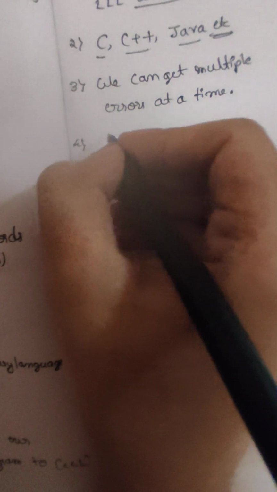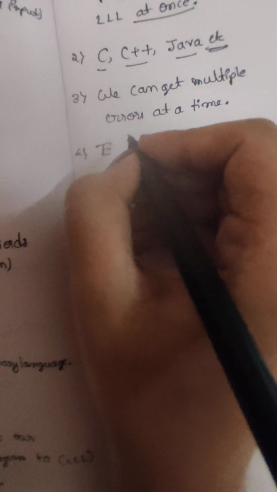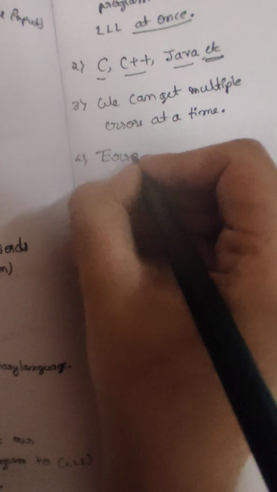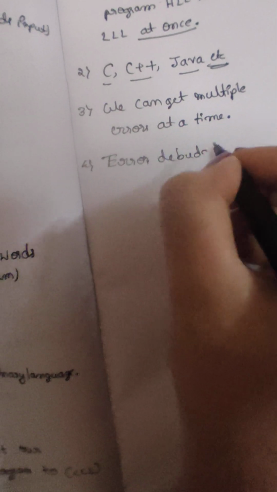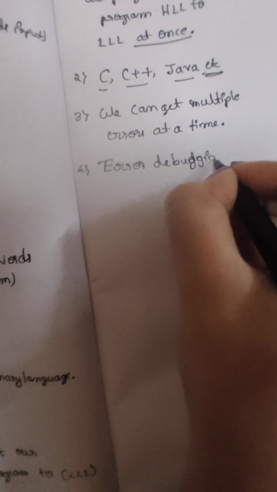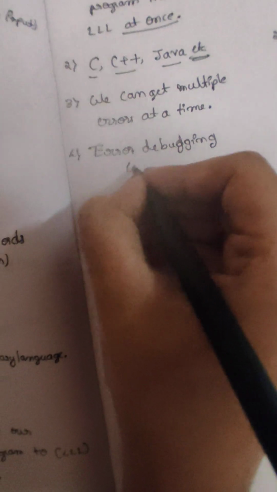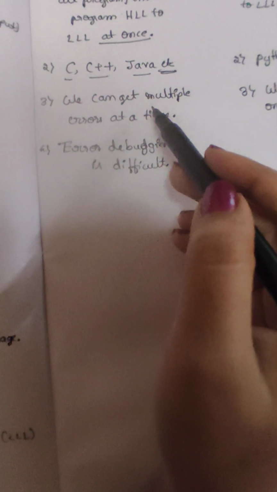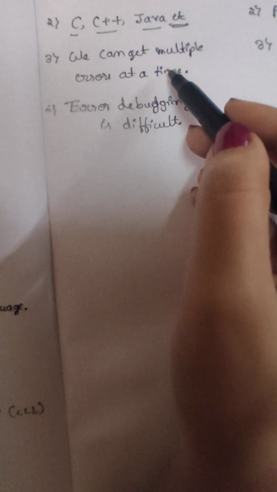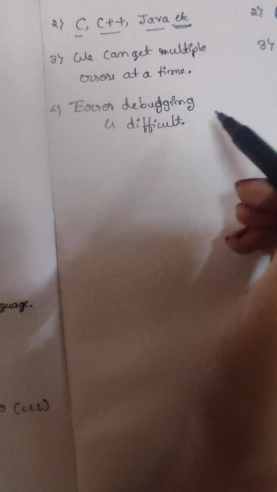So then, what is the another difference? In compiler, error debugging is difficult. Here we are getting multiple errors at a time. Due to that reason, error debugging is very difficult for programmers.